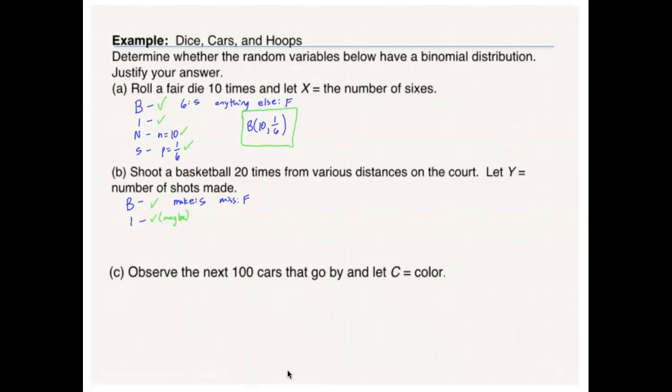But let's say we had a robot doing it. Then sure, the outcomes are independent. Fixed number of trials? Yes. Check. n equals 20.